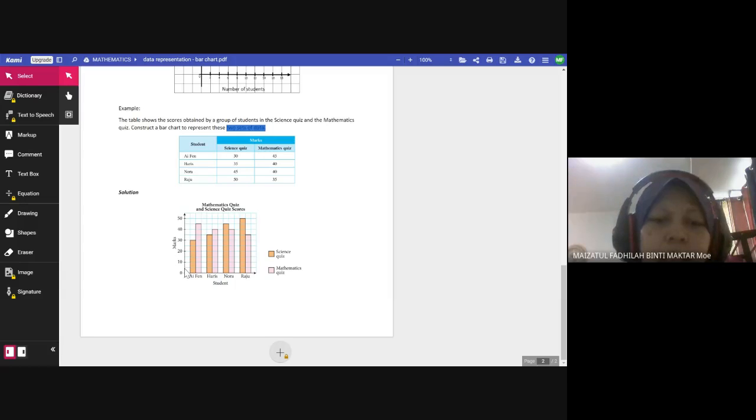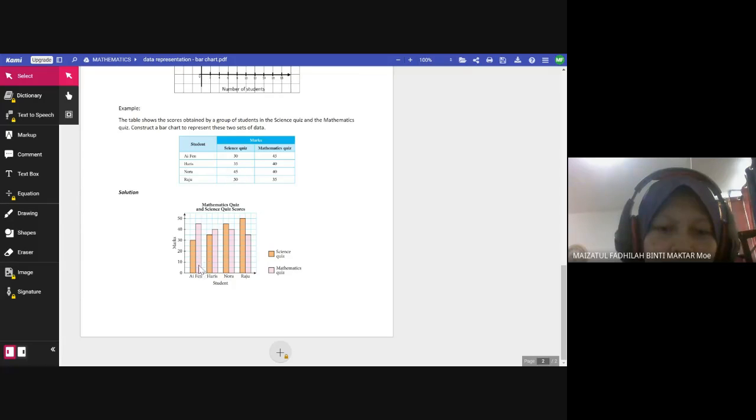This one means each square represents 5 units, but from this one, he does not use each square. He directly uses 2 squares to 10. So you no need to label each one of these squares, right? It's okay. Then you label Haris, Nura, and Raju. Then don't forget to construct the bar chart.